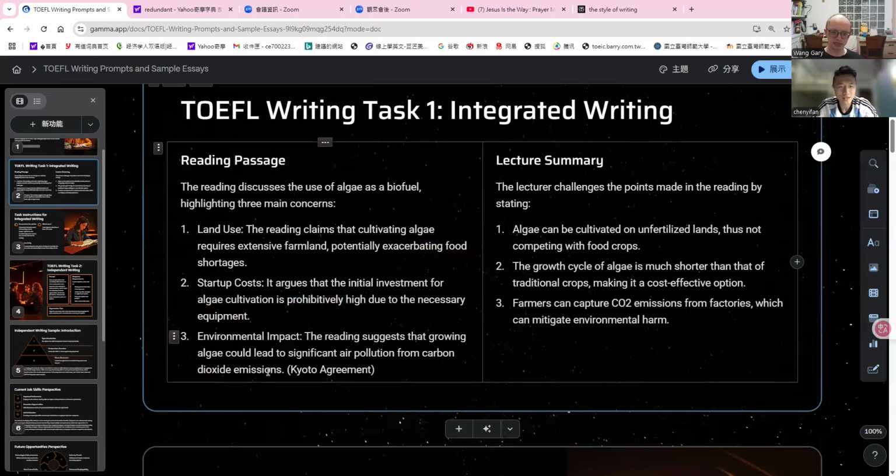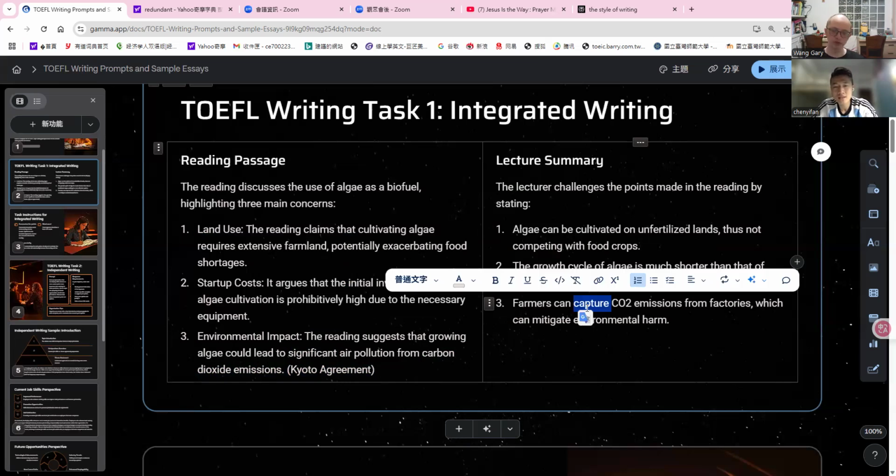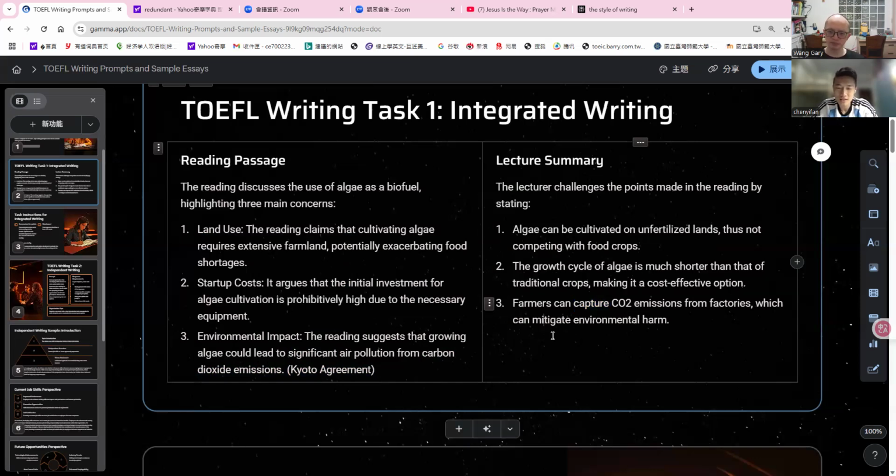What is prohibitive? Yes, and emission, significant air pollution, carbon dioxide emission, cost-effective option. And you see it says capture, so it's even better than collect, right? Capture. And mitigate environmental harm.